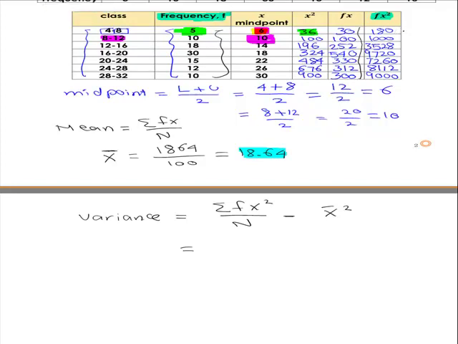You just have to add all these values together, and that will be equal to 38,800, dividing by n, which is 100, then minus the mean square, 18.64 square.